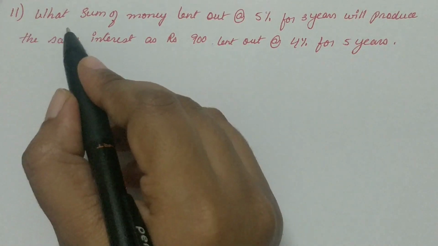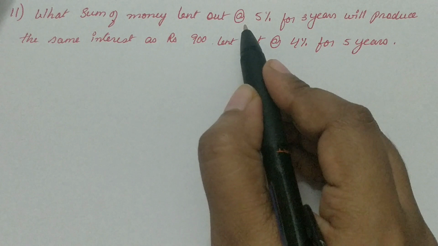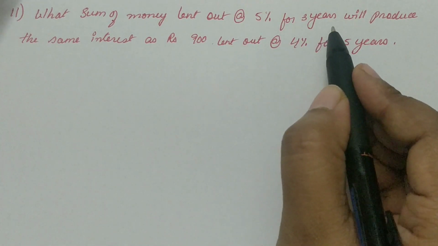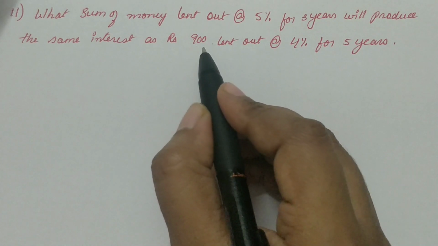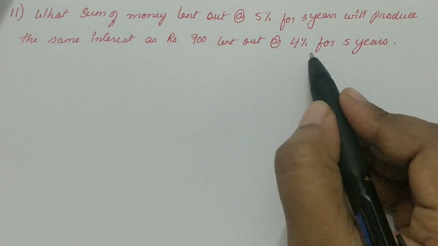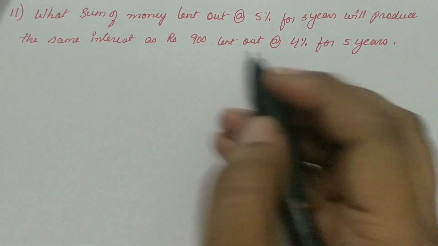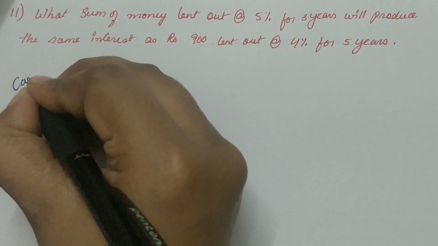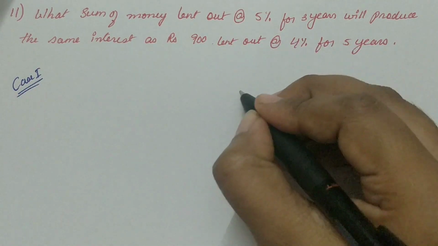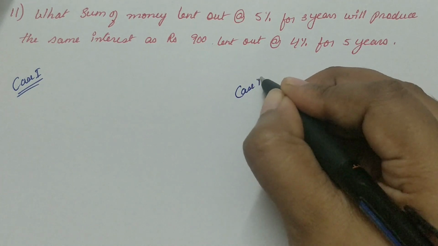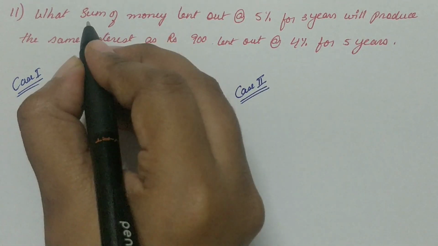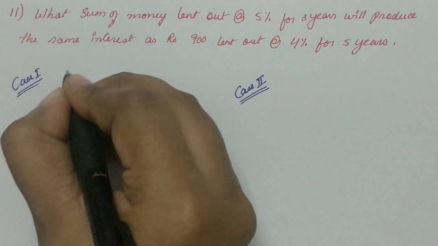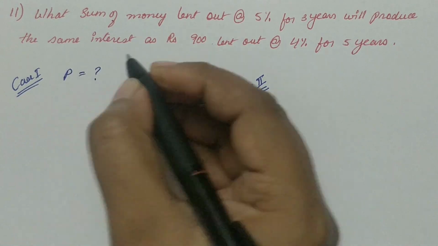11th one, what sum of money lent out at 5% for 3 years will produce the same interest as rupees 900 lent out at 4% for 5 years? Case 1, case 2. In case 1, we don't know the initial money, that is principal, we have to find out.